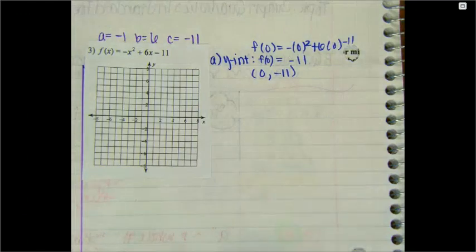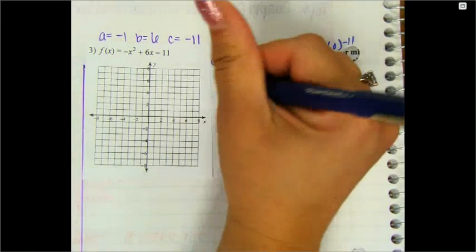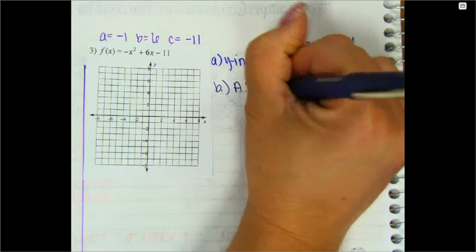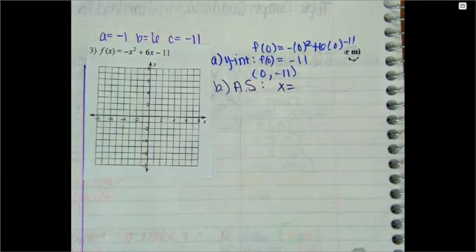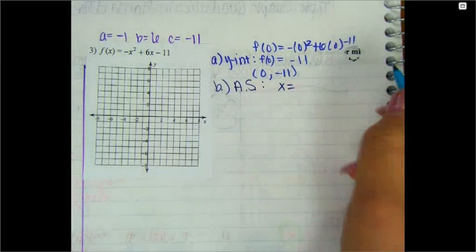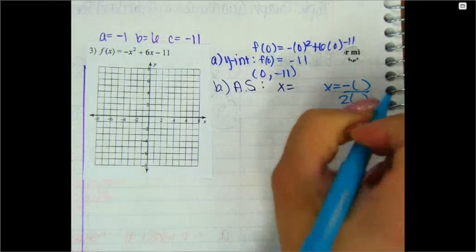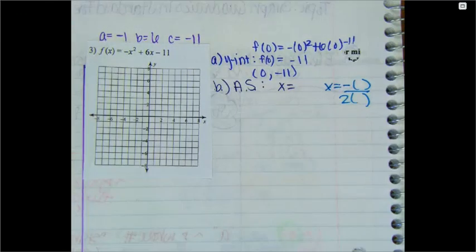All right, axis of symmetry, sorry, I always want to do that out of order. Axis of symmetry, x equals a number. How do we find that? We say x equals negative something over 2 times something. Notice I like to put parentheses and leave my negative there, because if I already have a negative, I get confused, and if I don't have a negative, I might forget that. So I like to always leave the negative on the outside of the parentheses first.